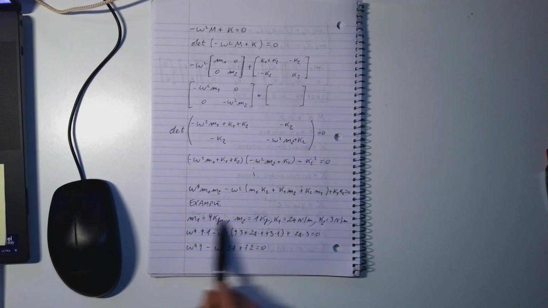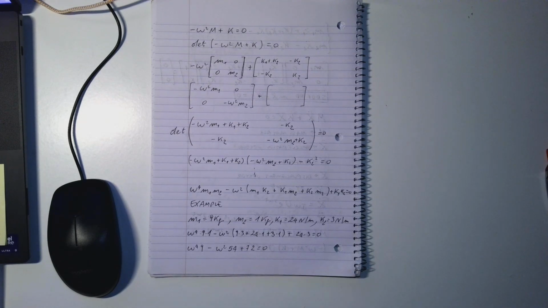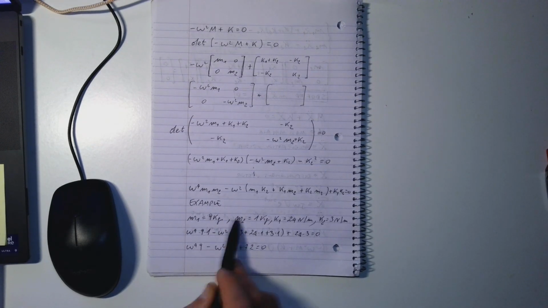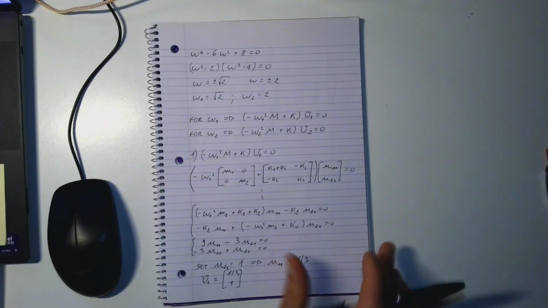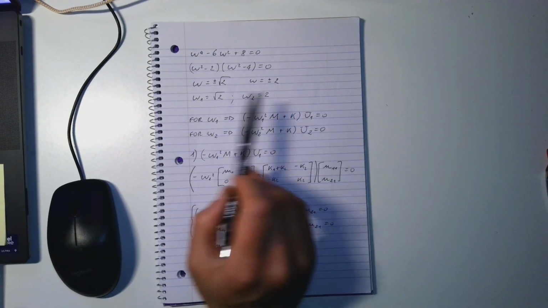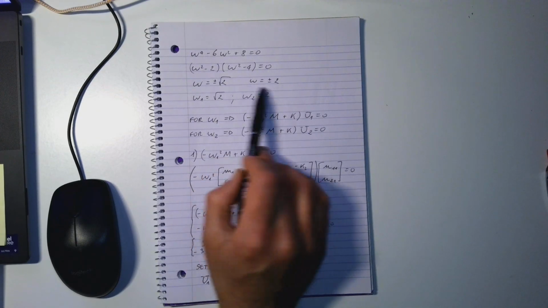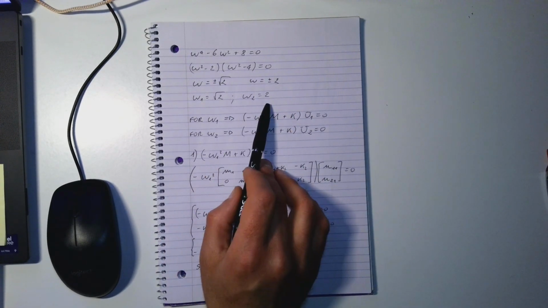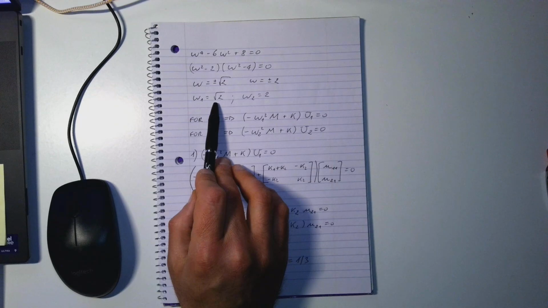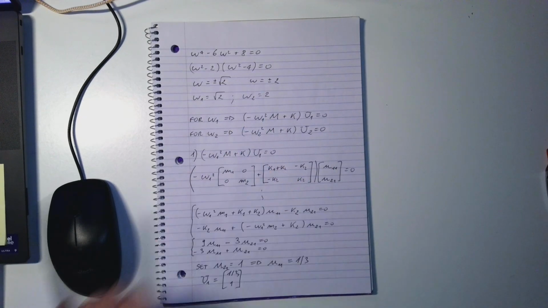So we looked at an example where we plugged in certain numbers for masses and stiffnesses, and we found that the frequencies are plus or minus square root of 2, plus or minus 2. Of course, as we said, we look at the positive values, which means plus square root of 2 and plus 2.